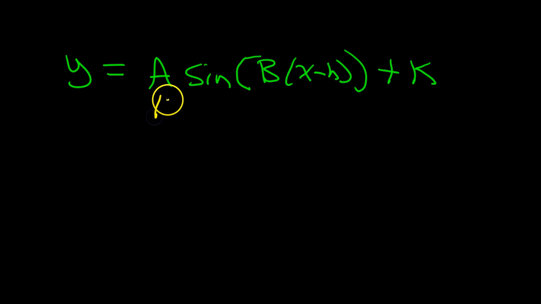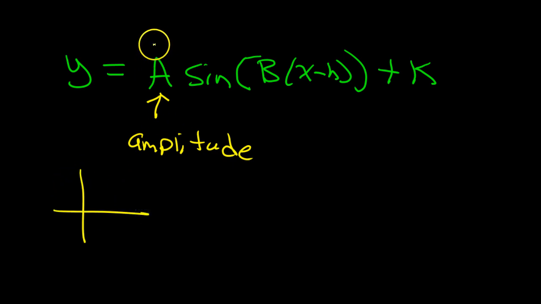This a in the front tells us the amplitude. That's how high and low the function goes. So, for example, if this was a 2, then the graph would go up as high as 2, and it would go down to a low of -2. So it might look something like this if it was a sine function. Amplitude is always positive.